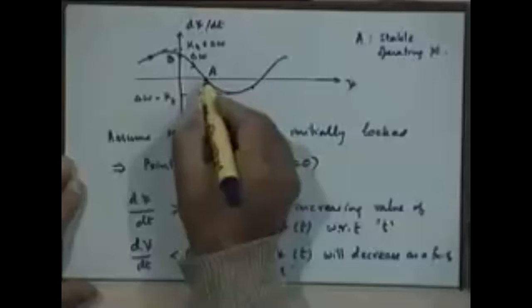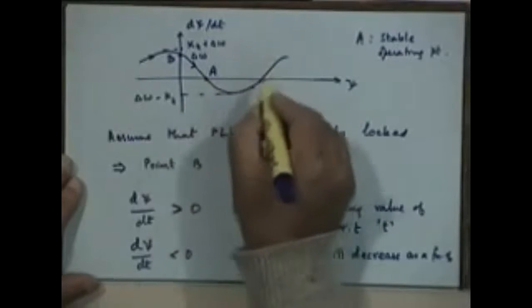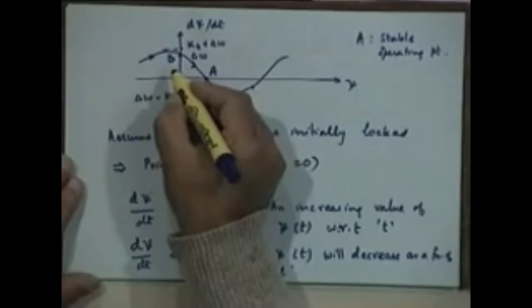So, at this point, when there is an attempt to move away from this, the loop will try to return to this condition, right.